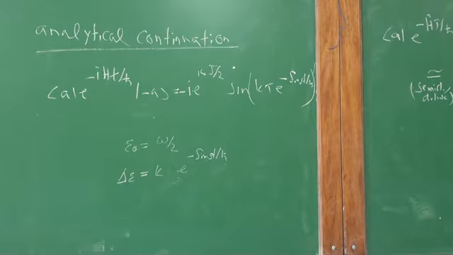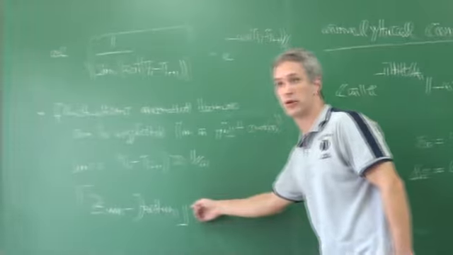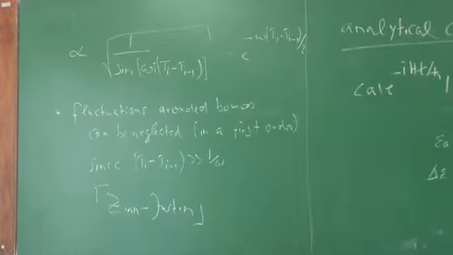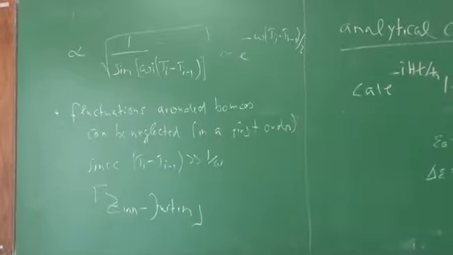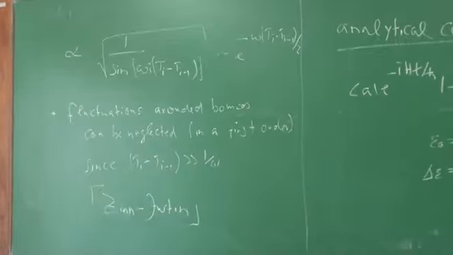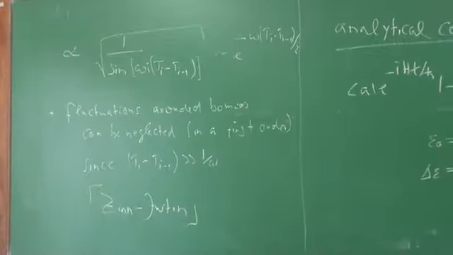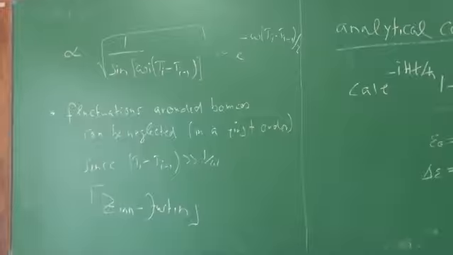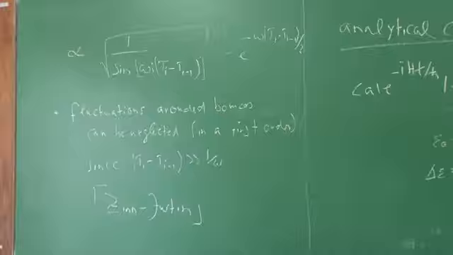So that was the instanton calculation, and as said, one can improve this, and whoever wants to see more details can look into the literature. Okay, so any questions here?